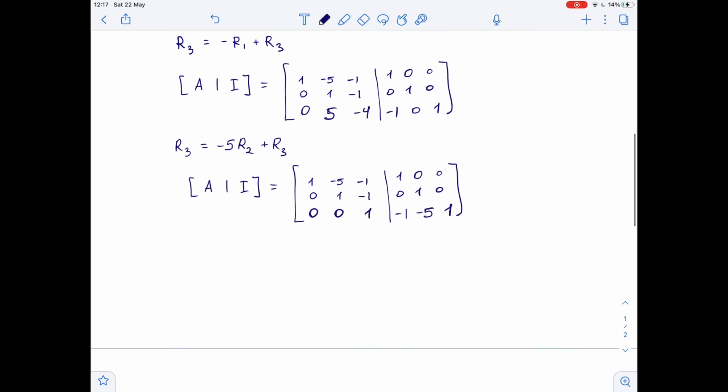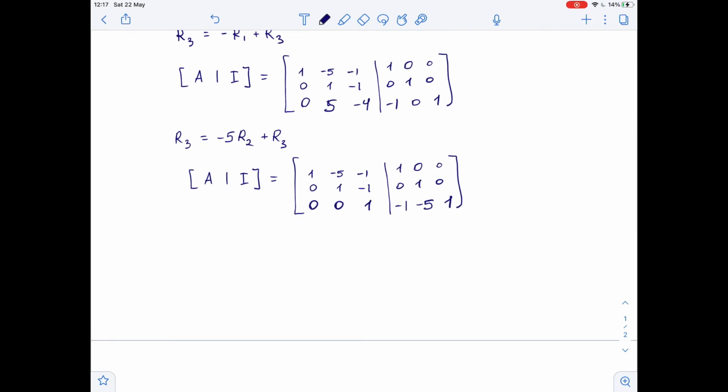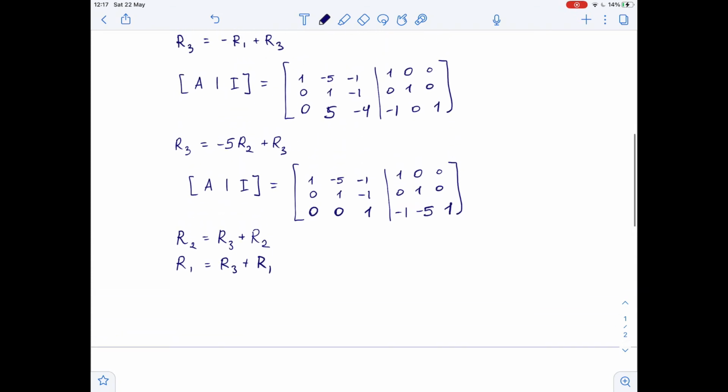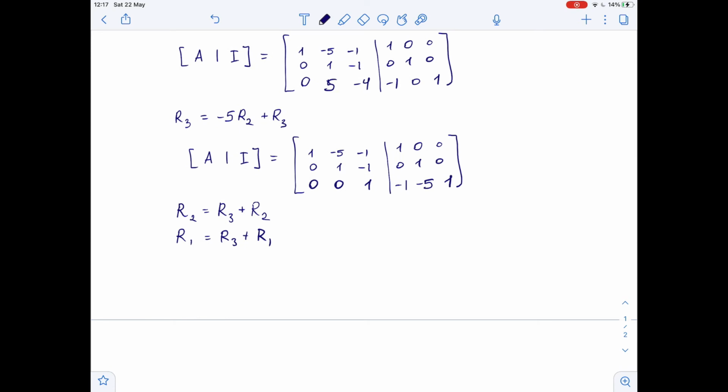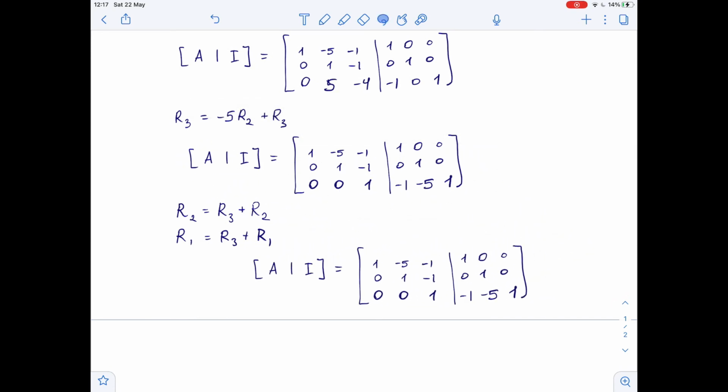Great. So the next operation that we are going to perform is substituting row 2 by the sum of row 3 and row 2, and substituting row 1 by the sum of row 3 and row 1. Let's see what we will get after this. Again, I'll just copy paste this here.